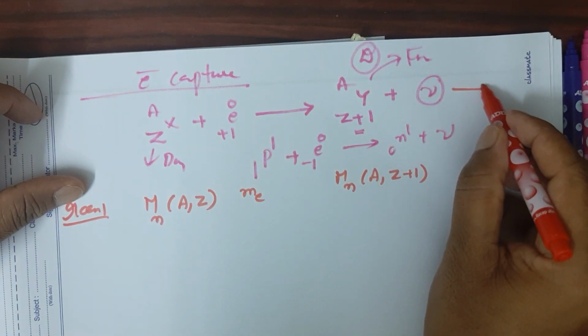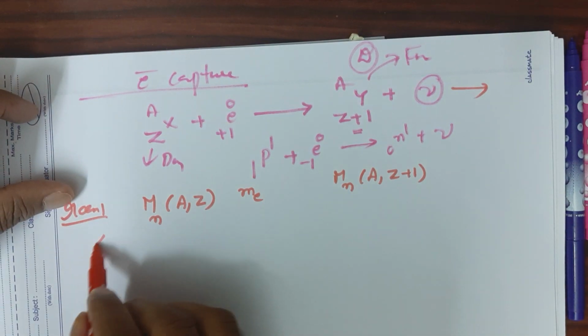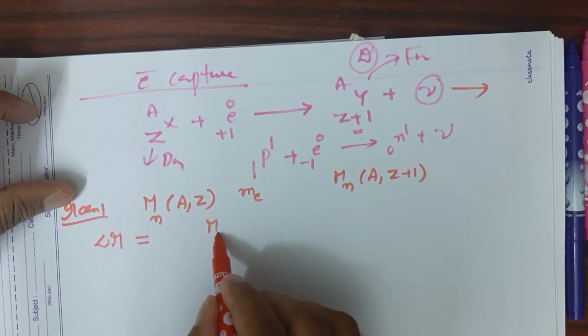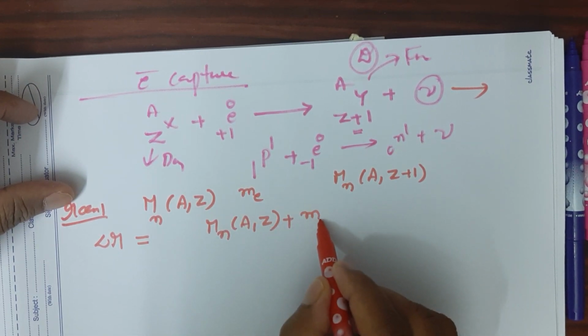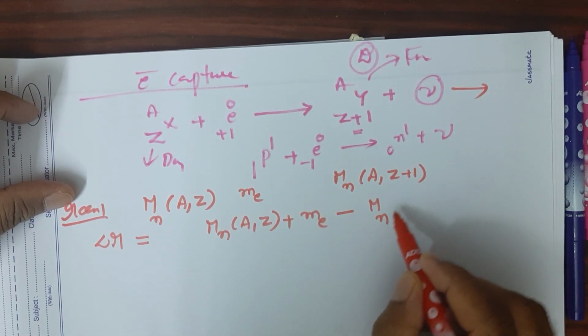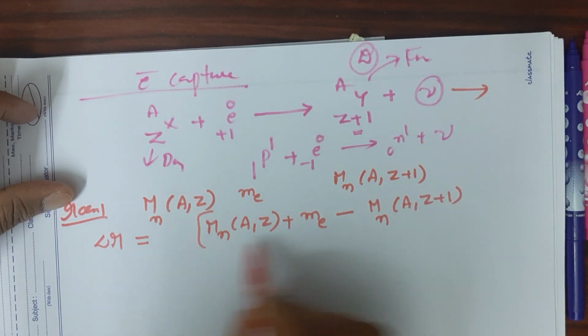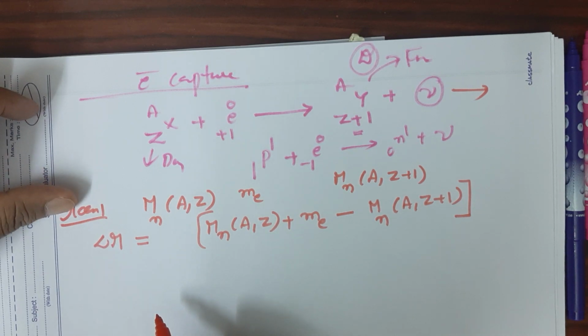Here the neutrino is neglected because its mass is 0. Now the mass defect delta M is equal to Mn of AZ plus Me, left side, minus the right side mass Mn of AZ plus 1. This is the mass defect forming in this nuclear reaction.